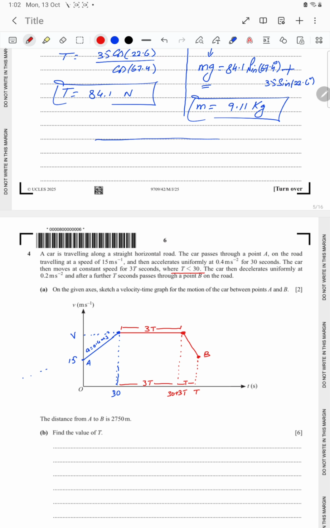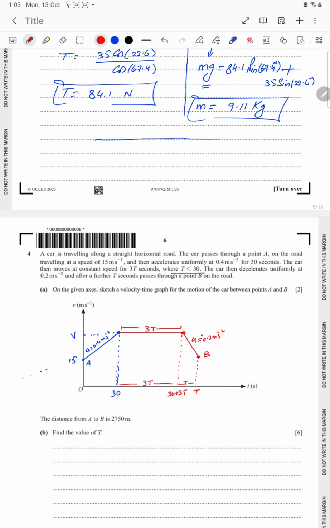Okay, this will be the diagram which we need to sketch, the speed-time graph for the motion of the car between points A and B. I did it, and I hope you got it. It decelerates because the slope is half of the acceleration. Deceleration is minus 0.2 meter per second squared. I hope you got it.